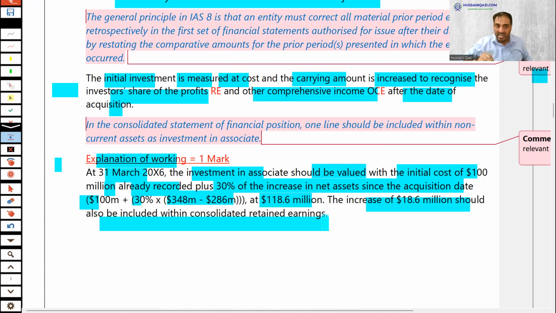Actually, the examiner's expectation here is that you explain your working and demonstrate your ability to explain it. So you will be able to get full marks if you explain the working rather than show only the format of the equity accounting workings.